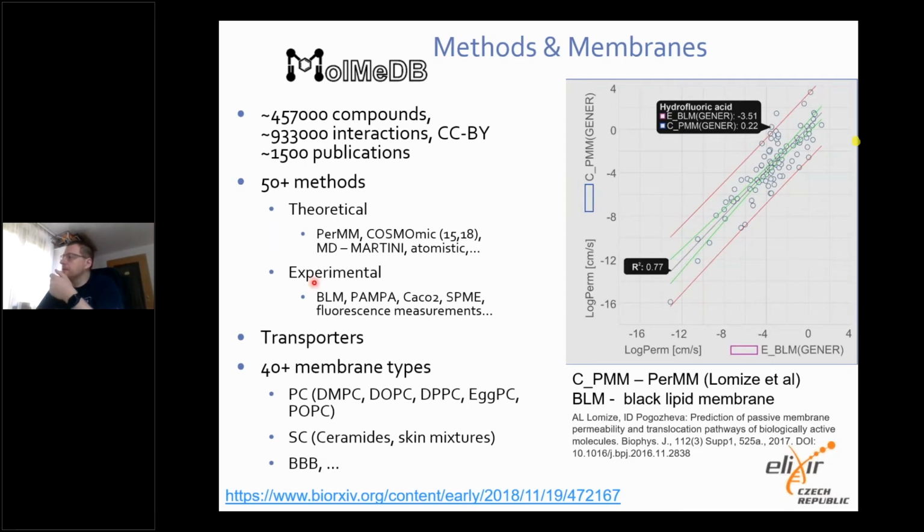And here is what the comparator can show you: you can compare what data is there for two different methods along the different compounds, and see that this experimental black lipid membrane model is with relatively good correlation comparable to the computational model of PerMM by Lomize et al.